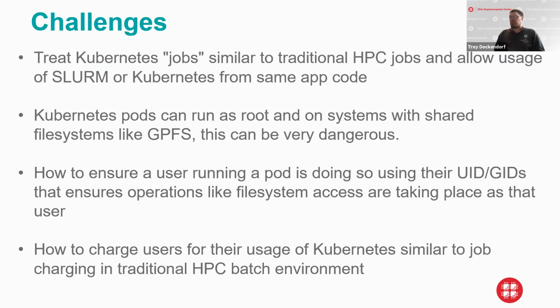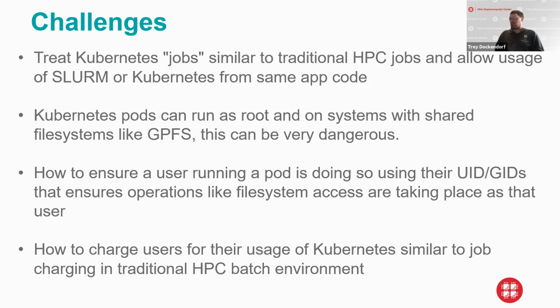Some of the challenges we faced. One of the main ones was how to treat Kubernetes jobs similar to HPC jobs, and also allow the usage of a Slurm or Kubernetes interactive app from the same app code. One challenge with Kubernetes is that pods will usually run as root or can run as root, and that's very dangerous for file system access like GPFS.